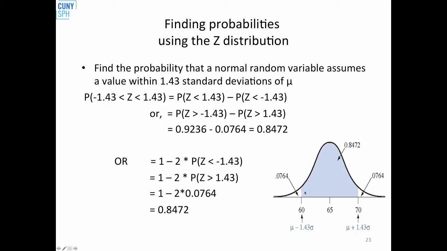It's the same as the tail probability on the left, and that gives us 0.8472. As an alternative, we could have started with 1, the total probability, minus 2 times this tail probability of 0.0764 to get the same answer.